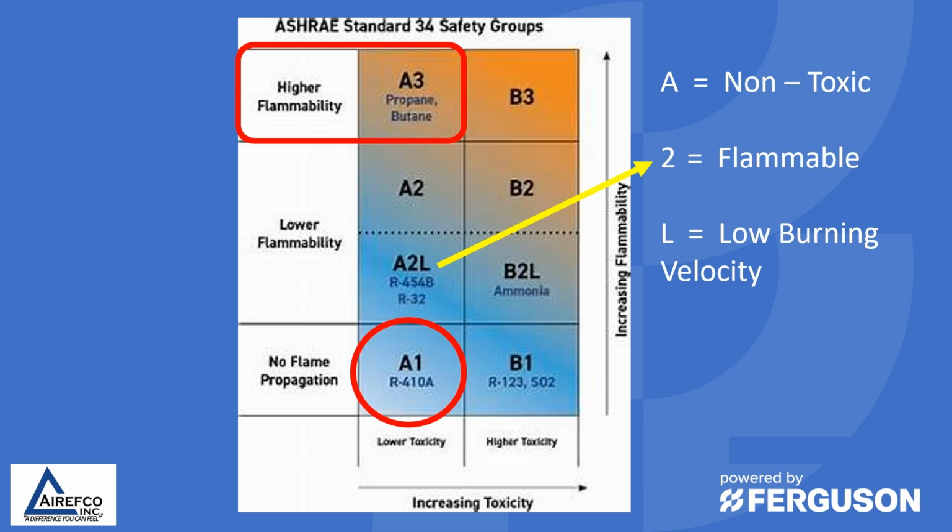With 410A, we had A1 classification, which was no flame propagation. You'll notice at the top, A3 is propane or butane, which has a higher flammability rate. So A2L is R454B or R32, which has a lower flammability rate, and we'll talk about that here in this video.